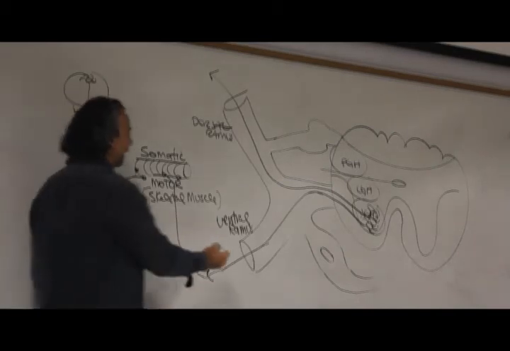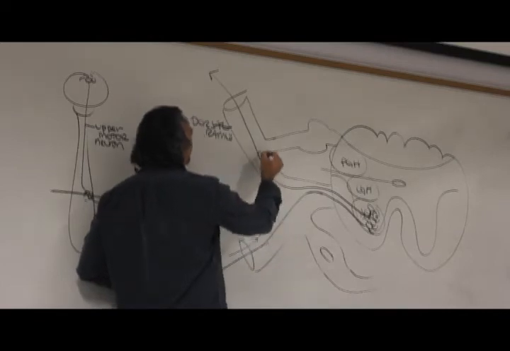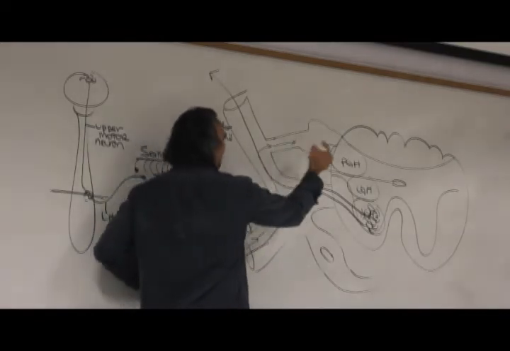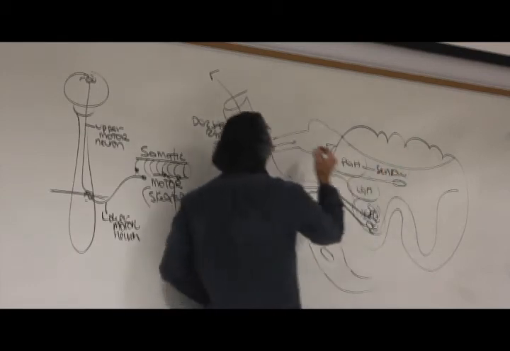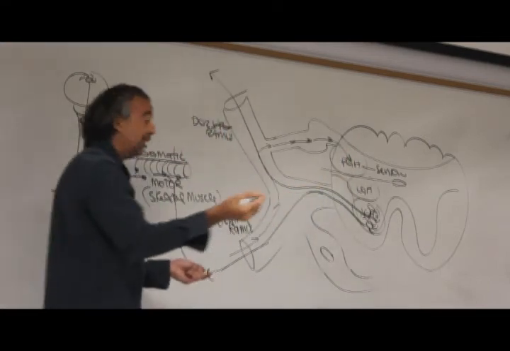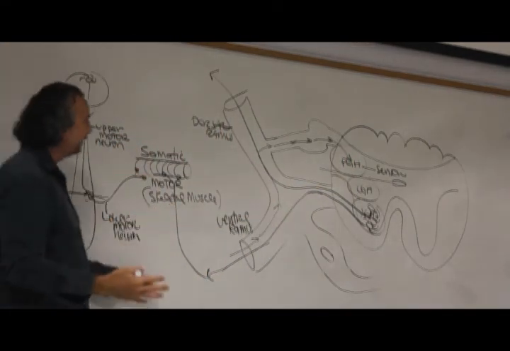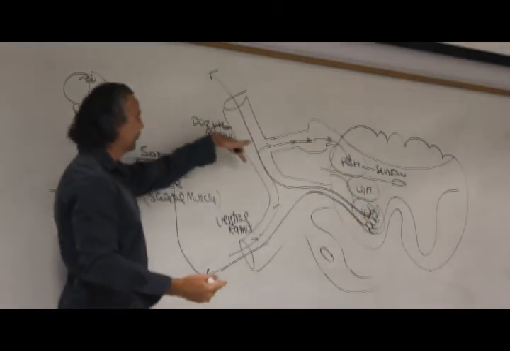So I have to come this way. Dorsal root, because that's where all my sensory is on the back side here. And I just dump it off right there. So that's the sensory pathway. It's coming this way. So sensory in the back, and then motor in the front.